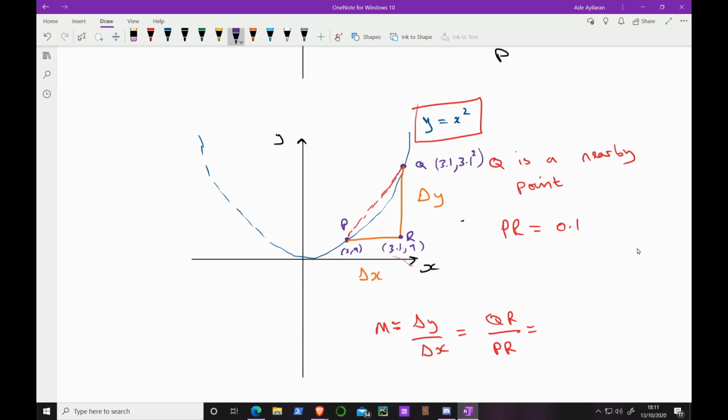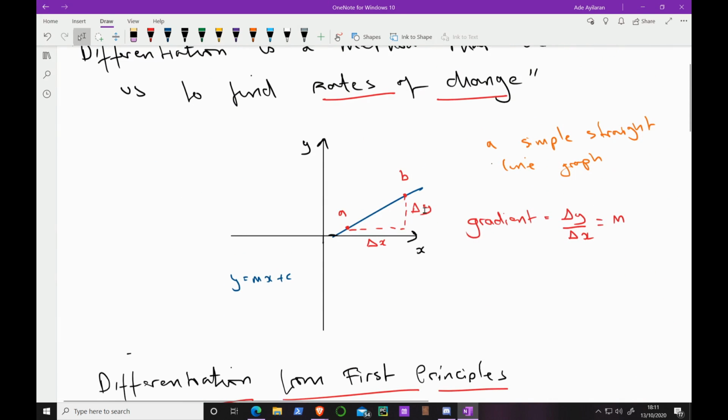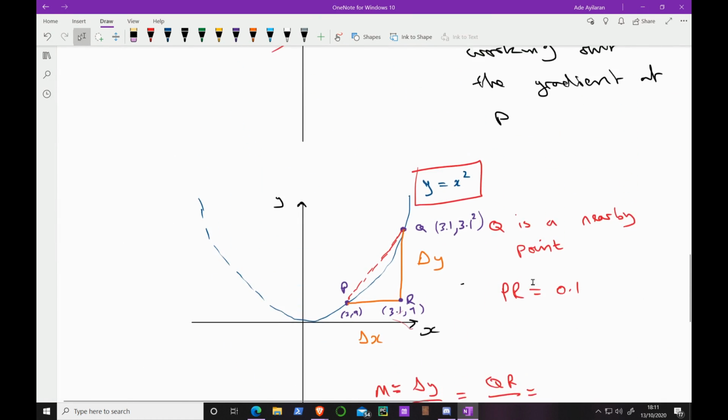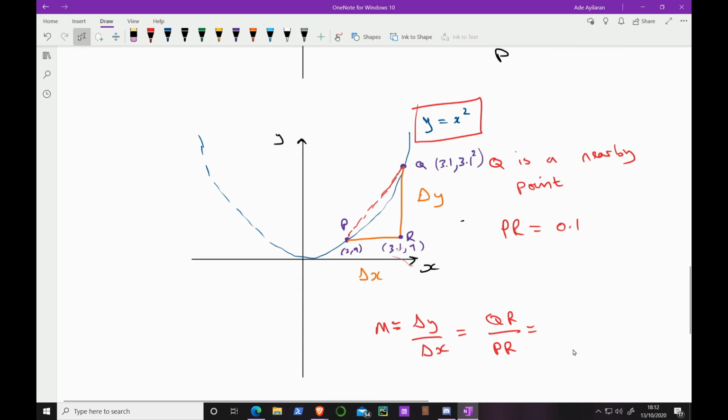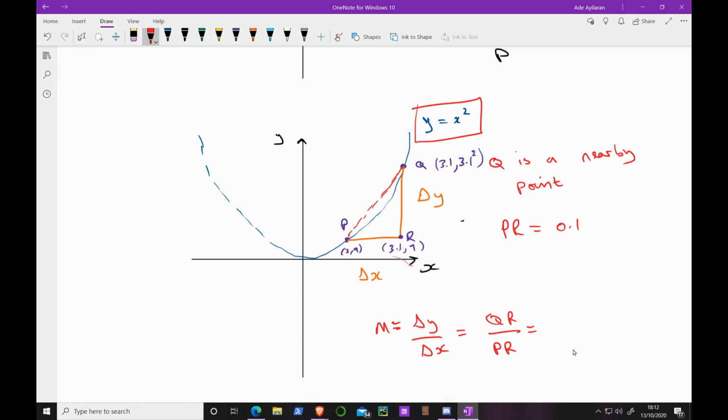Okay, so we've got our points. Now we use simple straight line stuff, changing y over changing x. So changing y over changing x is the same thing as QR divided by PR. Now QR is equal to 3.1 squared minus 9, because 9 is here.